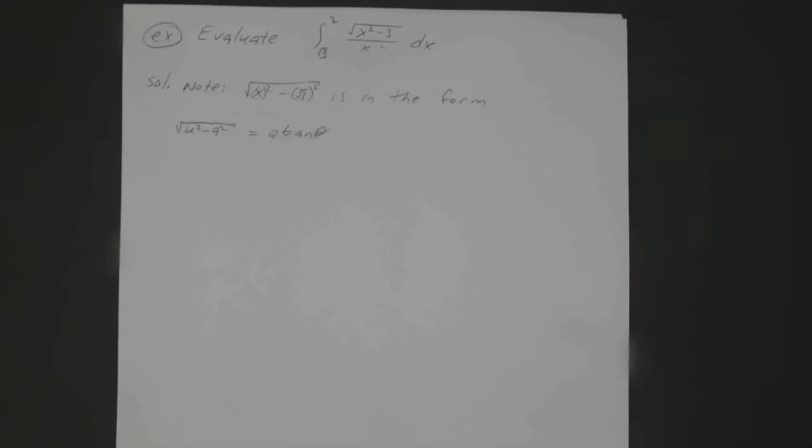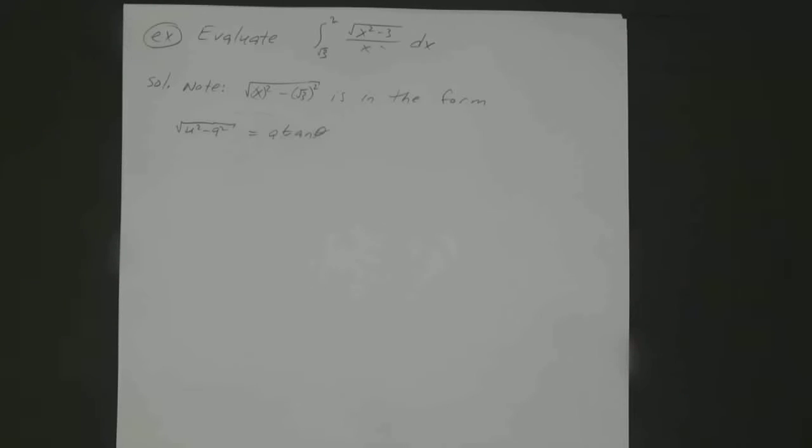Since it's subtracting a constant squared, why wouldn't it be secant? Hold on, I think it is. Is it tangent when it's added? No, for integrals involving square root of u squared minus a squared, let u equal a secant theta.